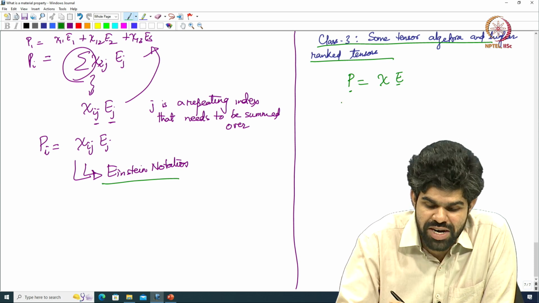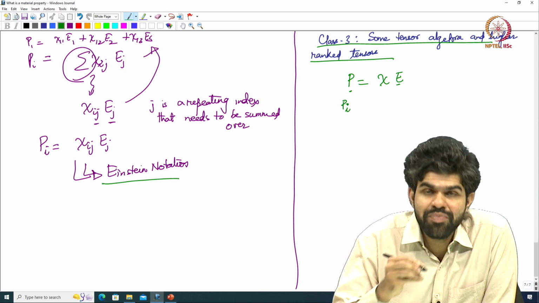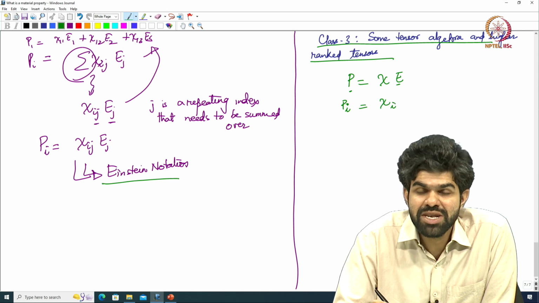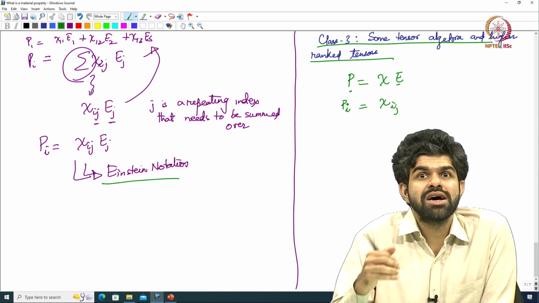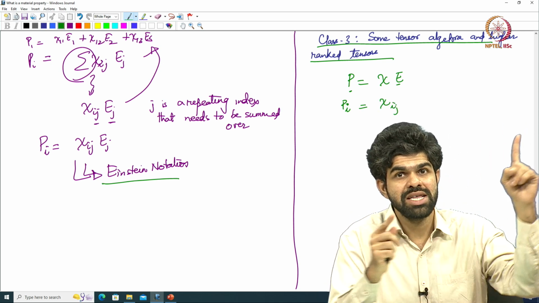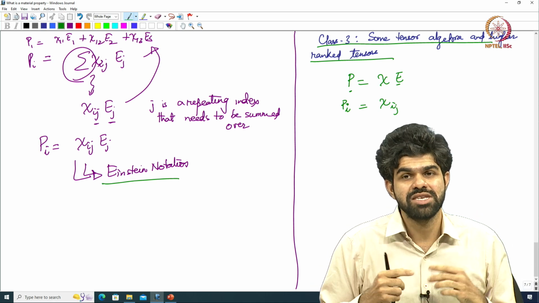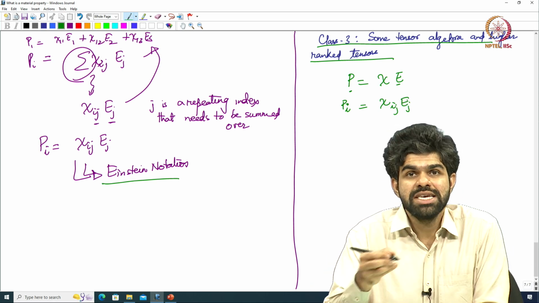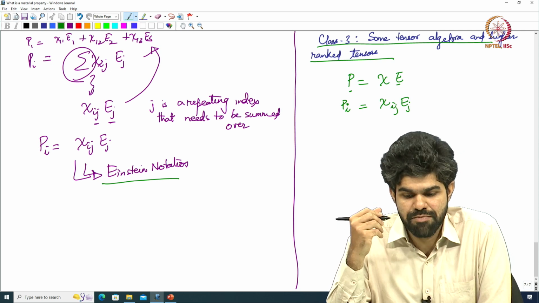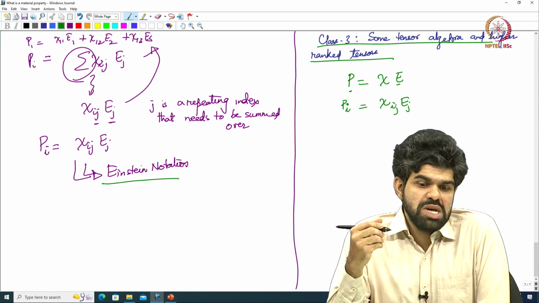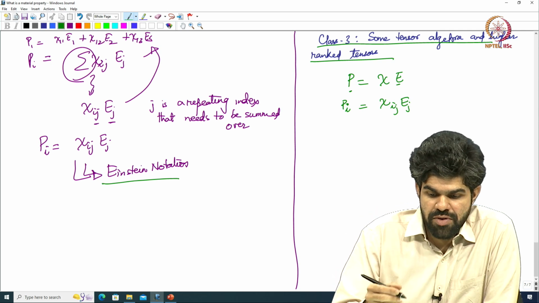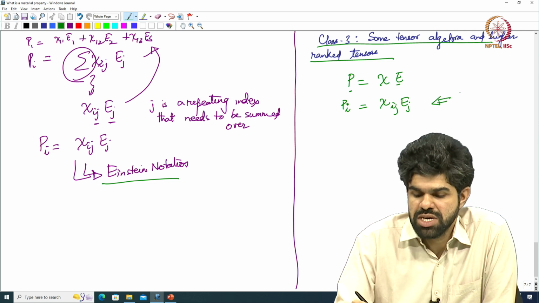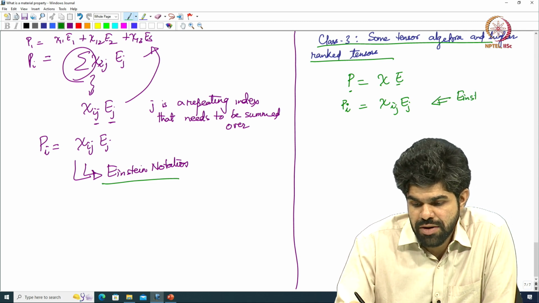So the correct way of writing it is Pi, the polarization in the ith direction, is susceptibility, a second rank tensor which relates polarization in the ith direction with the electric field in the jth direction, times Ej. So, chi ij times Ej. This is a very concise notation, called Einstein notation.